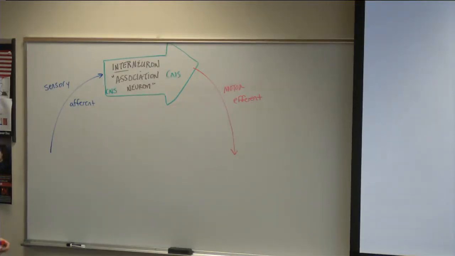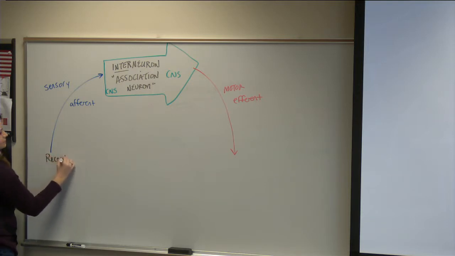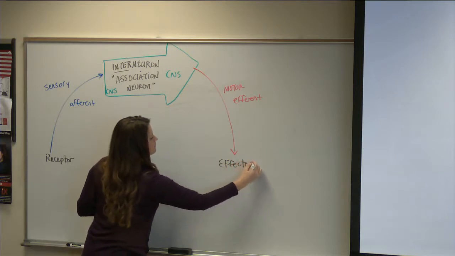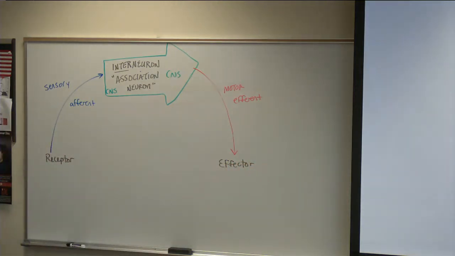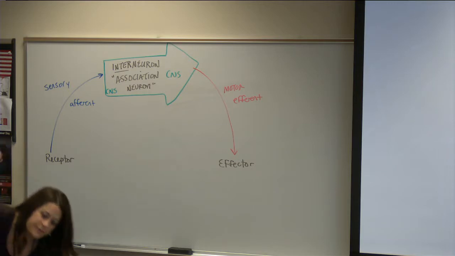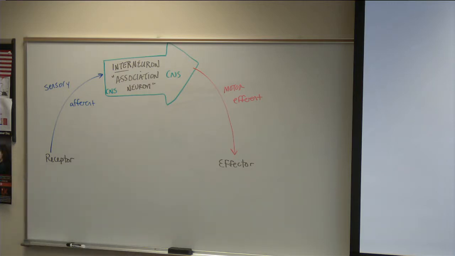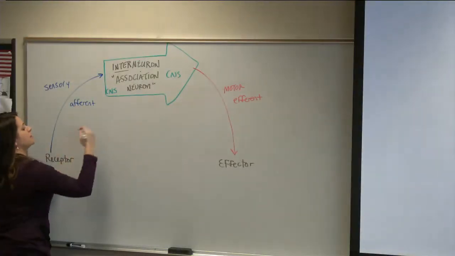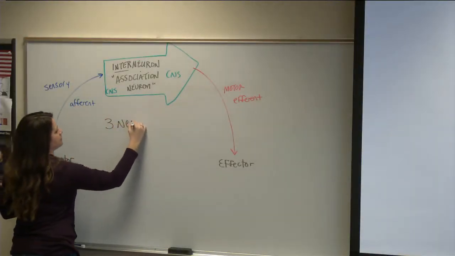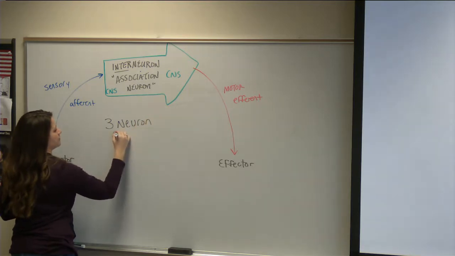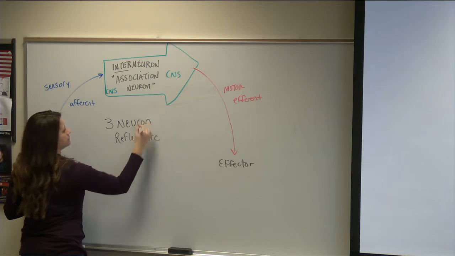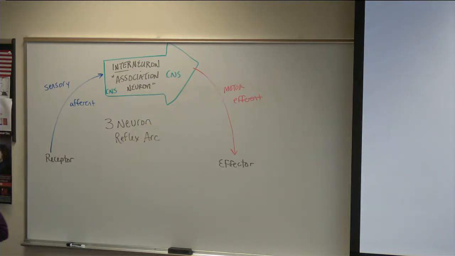And as we saw before, you have your receptor, and then over here you have your effector. In the other picture, we drew a 2-neuron reflex arc. This one, because there's 1 neuron, 2 neurons, 3 neurons, we would call this a 3-neuron reflex arc.